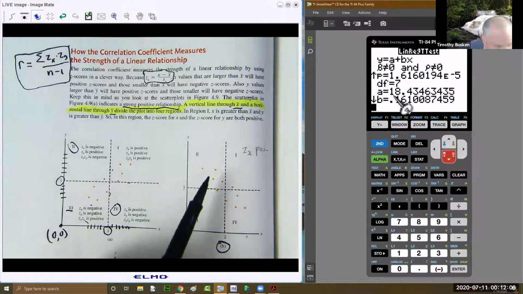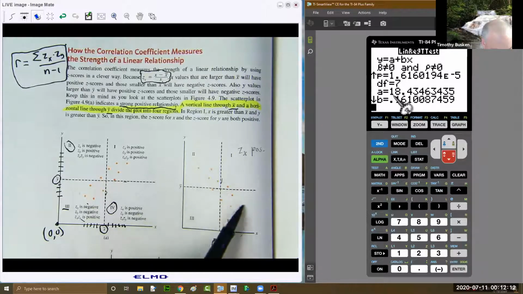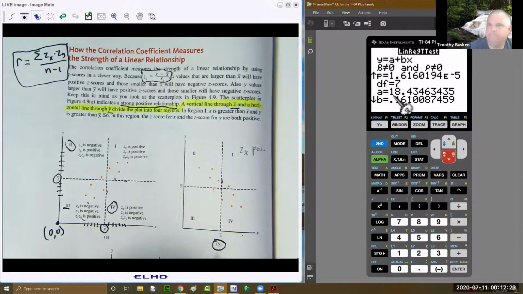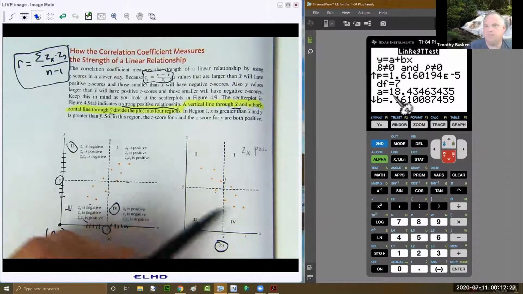That's because all of the z-scores for all these points will be negative, and all of the z-scores for these points will be negative. You may have a point here and there that's positive, but when you add up all of your products ZX, ZY, they're primarily going to add up to a large negative number.